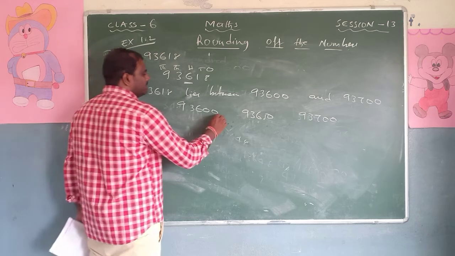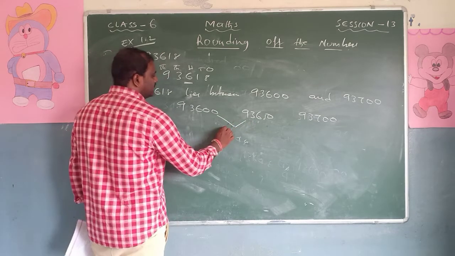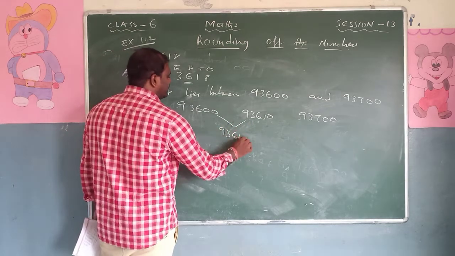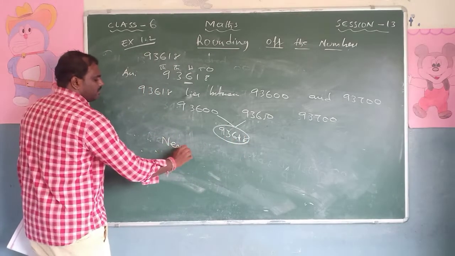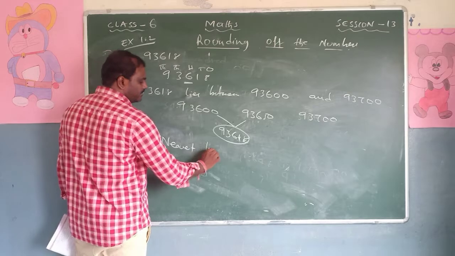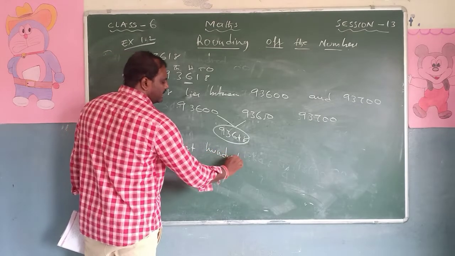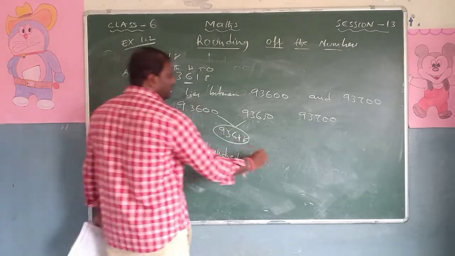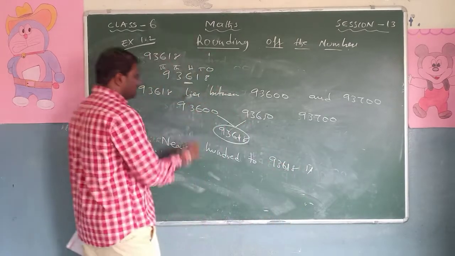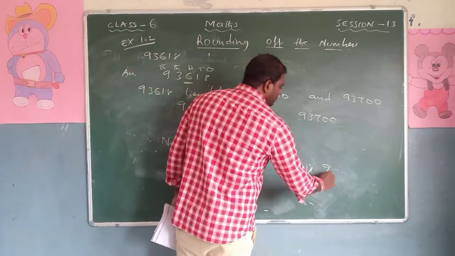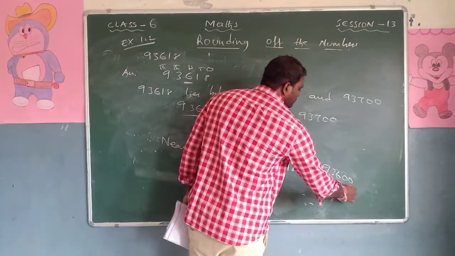And the given number lies between them. 93,618. So therefore, what I should write is nearest 100 to 93,618 is 93,600. This is the concept.